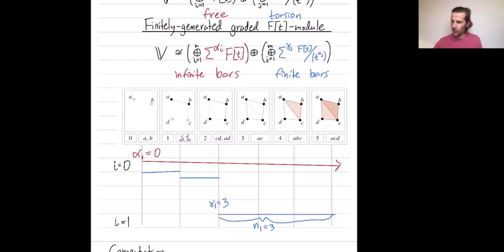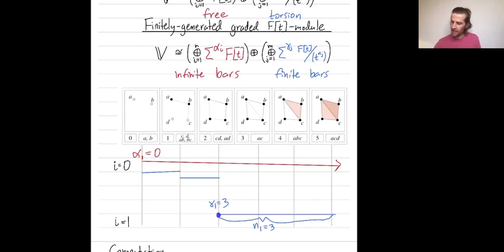So I want to tell you how to interpret this torsion, okay? Start with an element right here, in our persistence module. Apply t once. Remember, applying t maps you forward in time, so you end up here. Apply t again, that maps you forward in time, so you end up here. And then apply t a third time, okay? That ends you here, which is now 0. The bar is dead. The bar continues no further.